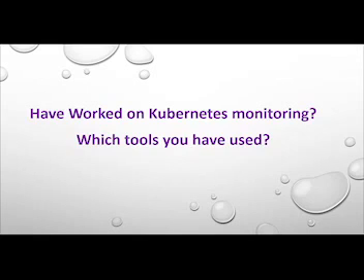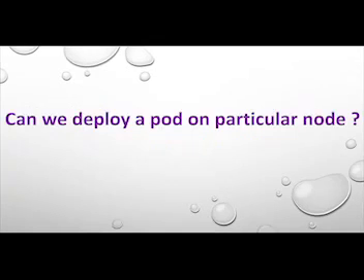Okay, that's fine. My last question: can we deploy a pod on a particular node? Let's say we have a Kubernetes cluster with 10 nodes, and for some reasons I need to deploy a particular pod onto a particular node.